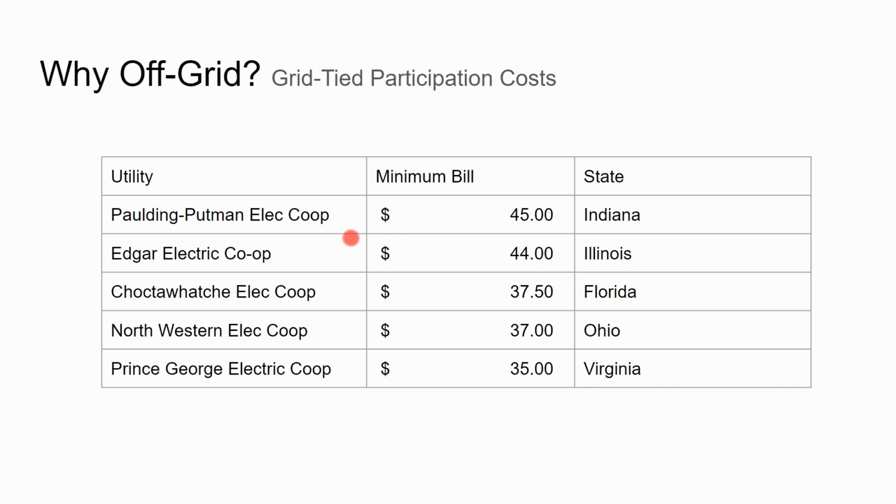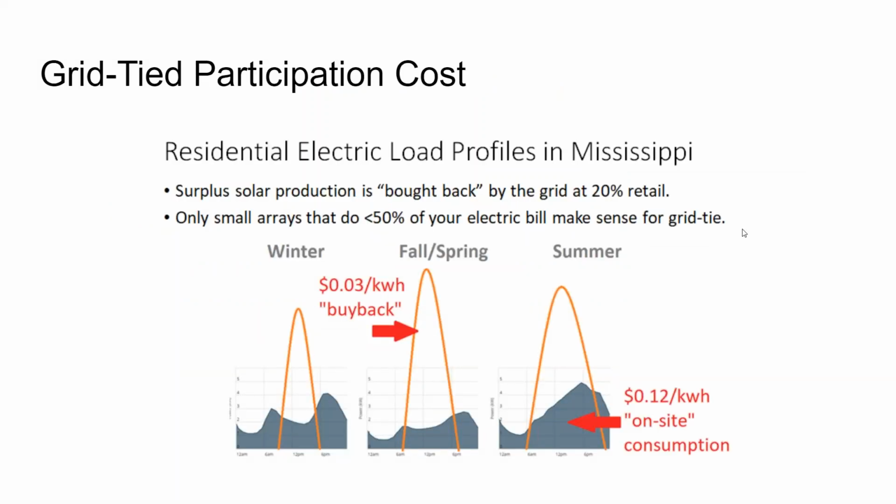And also, cooperatives will tend to have higher distribution and maintenance costs. And so we see these cooperatives moving towards ever increasing fixed fees as a way to make sure that they have enough money to maintain their monopoly. And so this is what solar looks like in Mississippi on these electric cooperative grids.